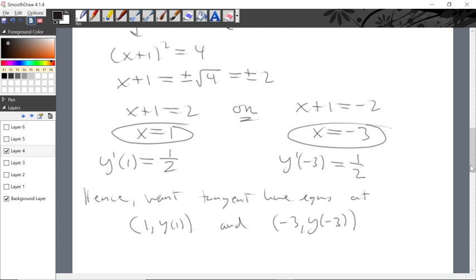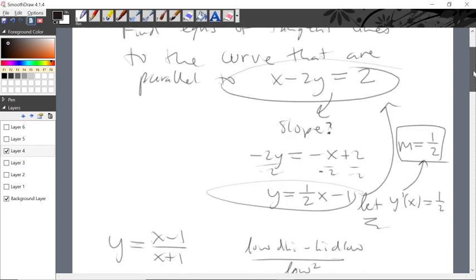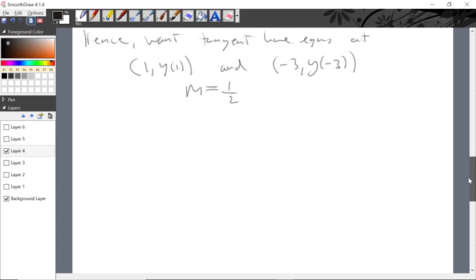Those are the two points, and each has a slope of 1/2. Now we need to know what is y of 1 and what is y of negative 3. So let's go back to the original function, y equals x minus 1 over x plus 1, so that we can find the actual points on the curve.